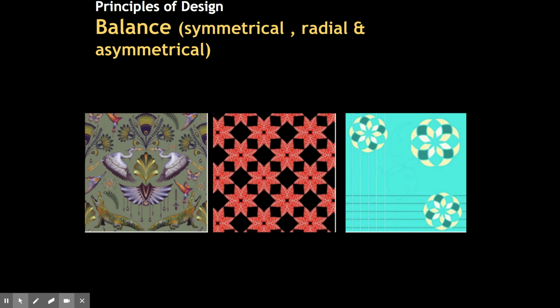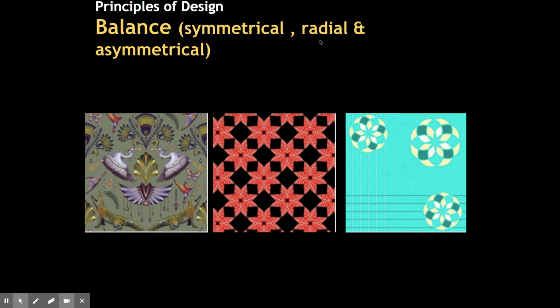So here we have some fabric patterns that are repeats. And you can see that this one, beautiful, has symmetry. The crane and everything is reflected left to right. Beautiful. So we've got some symmetry going on. Here you can see that this is reflected left to right, but also top to bottom.